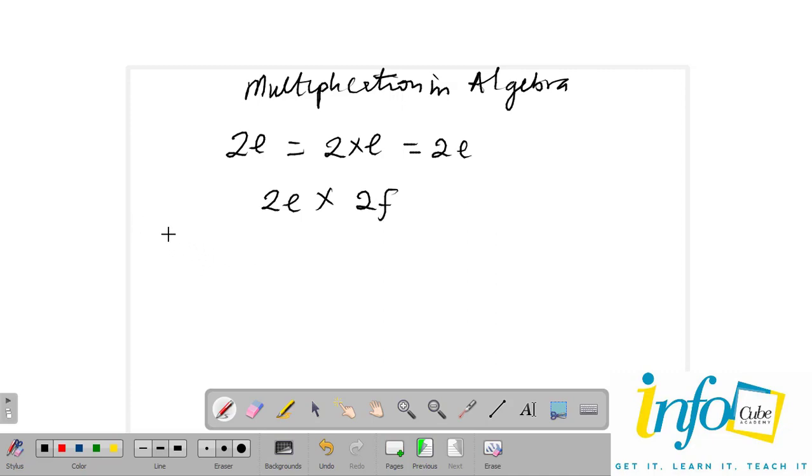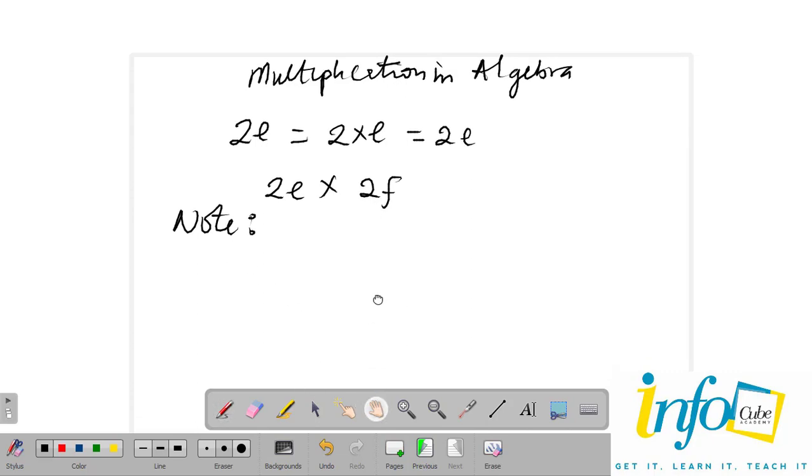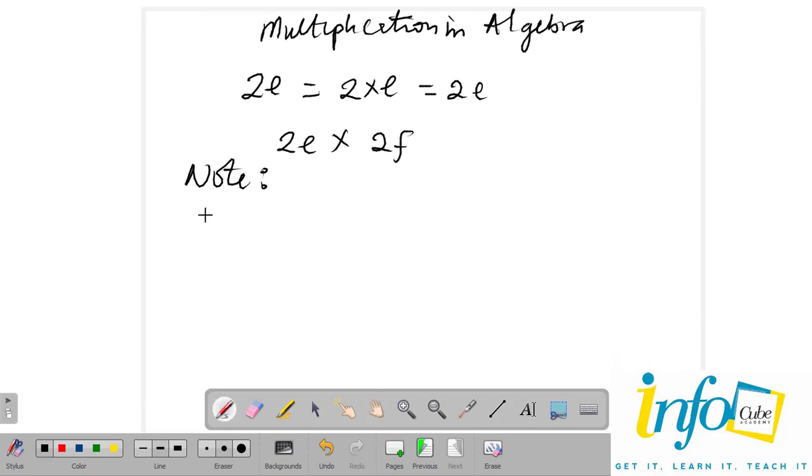Now the first thing you have to note is multiply number to number. That's the first rule you have to obey.